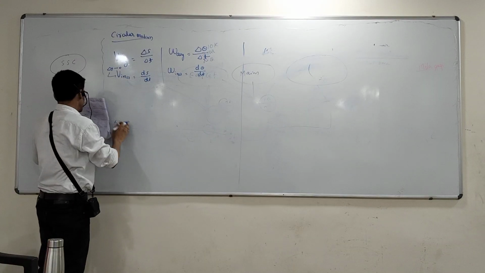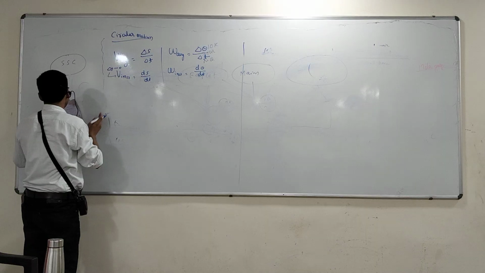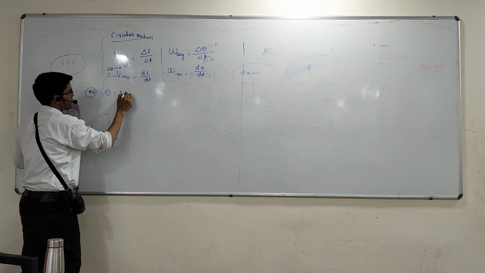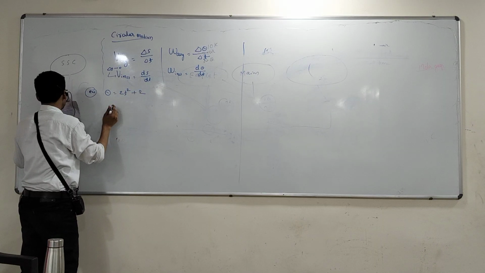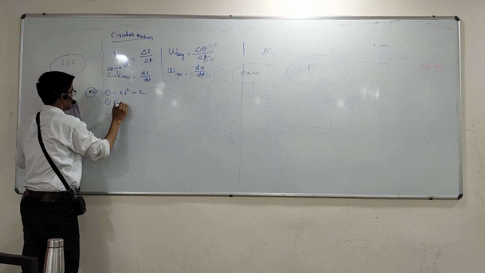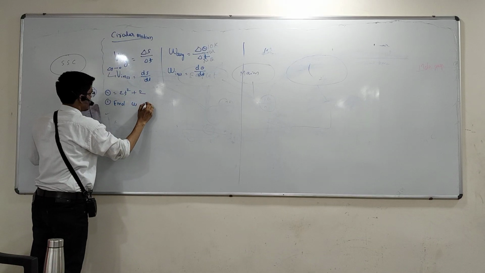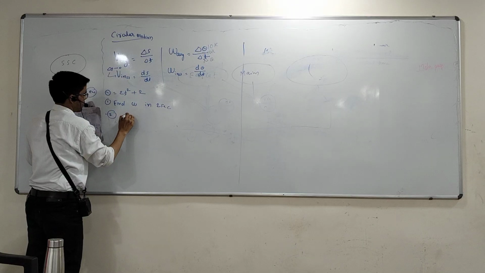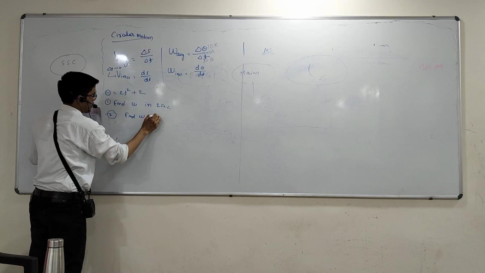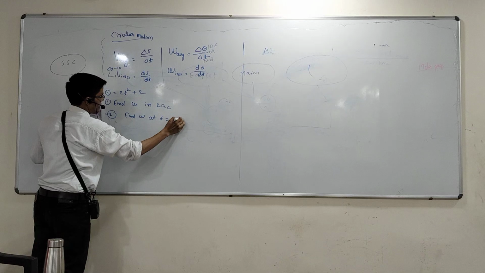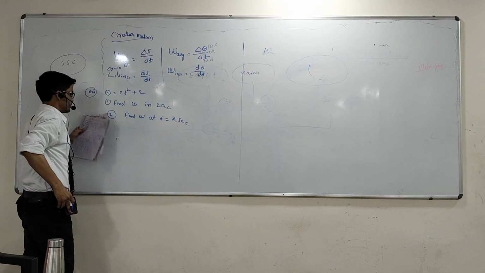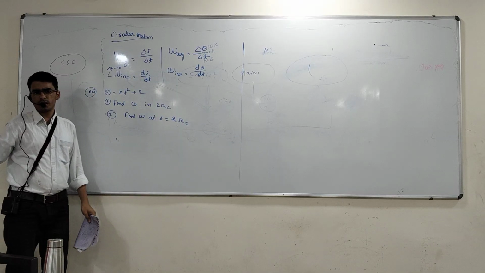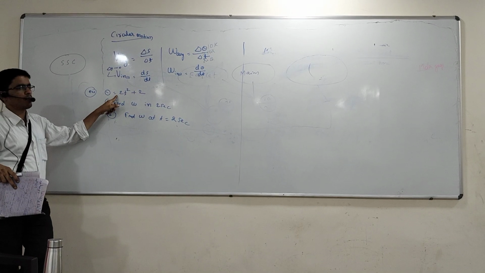So write one question. Theta equals 2t square plus 2. Find omega. Is that variable or constant?